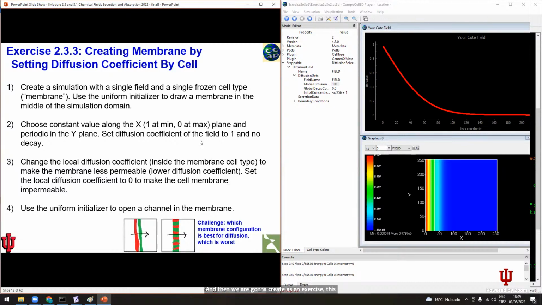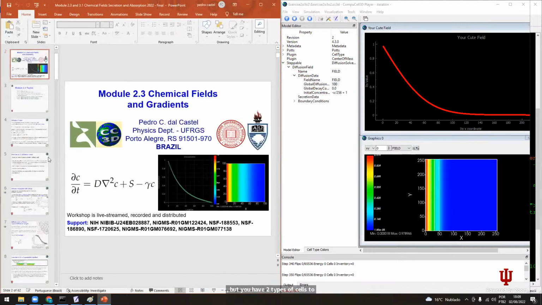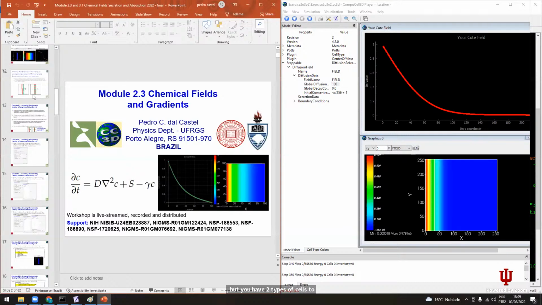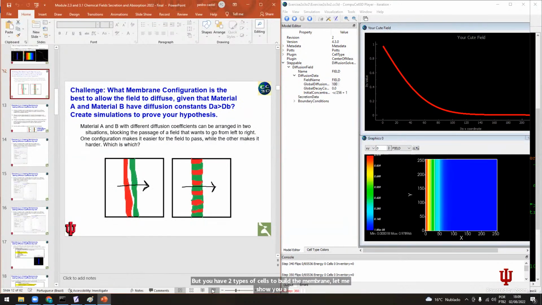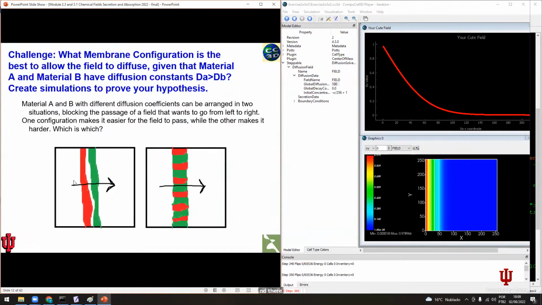And if you find it too easy, again, there is a challenge for you, which is basically the same exercise, but you have two types of cells to build the membrane. Let me show you. There are two types of configurations here in which you can combine two materials to build a membrane. One, you put two layers side by side, and the other, you build blocks, one block over the other, alternating the material.